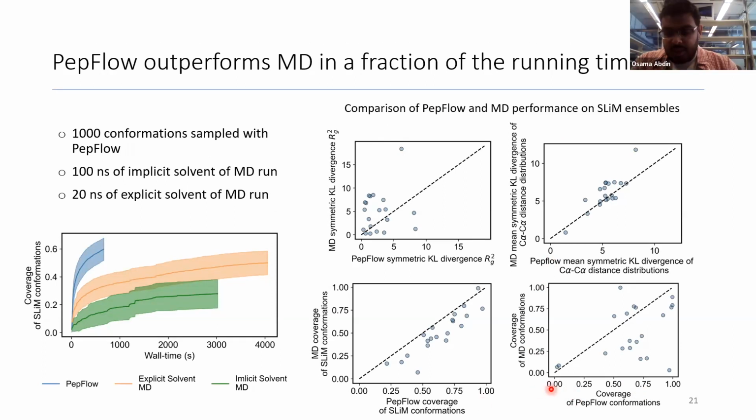Yeah, so I think the coverage of PepFlow conformations is the precision, because it's how often the PepFlow conformations resemble something in the experimental ensemble, and the coverage of the ground truth conformations would be the recall. I don't know if that answers your question.